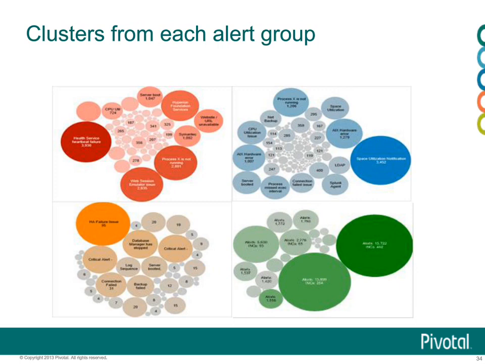We also played with different distance metrics. For example, we chose Jaccard distance, but we also played with another distance metric which paid attention to the order in which the words appear in an alert. The Jaccard distance is just a bag of words, right? So you don't worry about the order of the words. So we played with different distance metrics as well as different clustering methods.